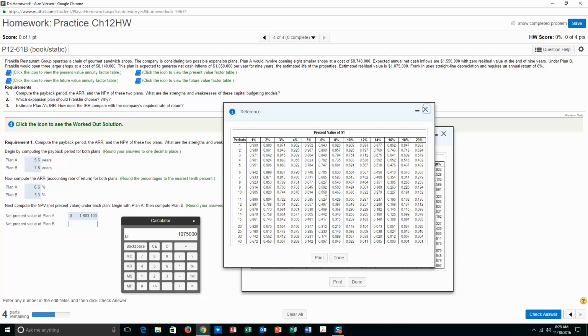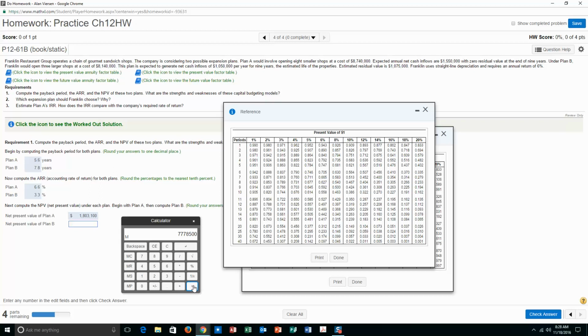The present value is point, so it's going to be times 0.592. Okay, it'll equal this. And then I'm going to add the present value of the annuities that I did the first time. So that was 7,142,100.